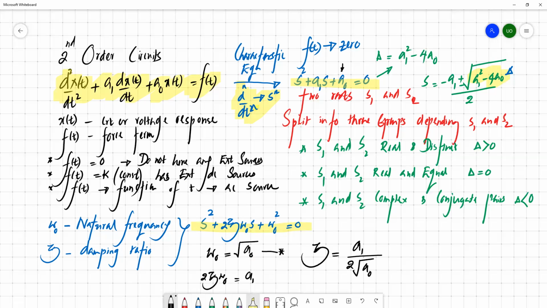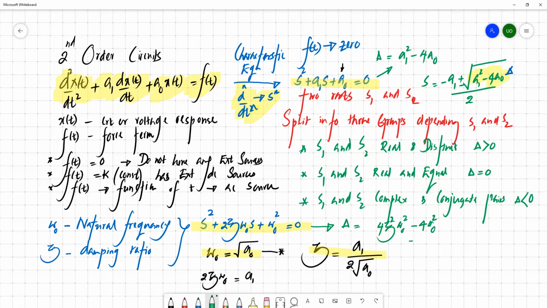So with these two relationships, you can easily find the natural frequency and the damping ratio for a given circuit as a function of circuit components R, L, C and the values of sources. Then if we find the delta for this particular formula, this is 4 zeta squared omega naught squared minus 4 omega naught squared.